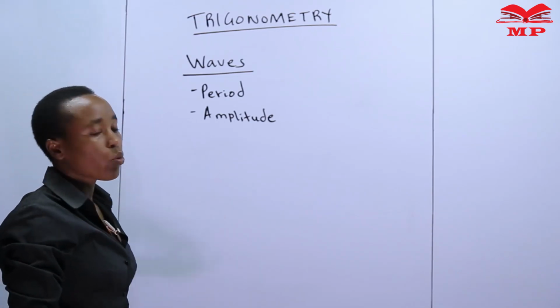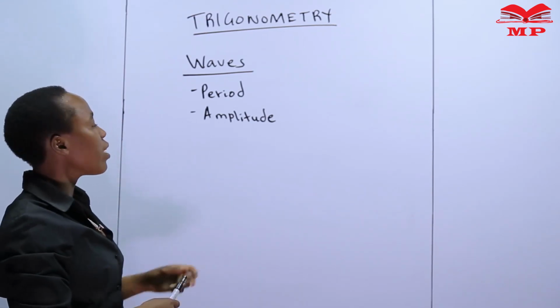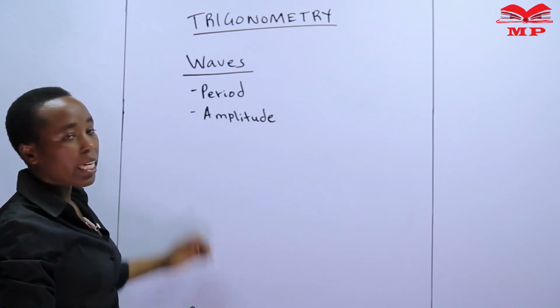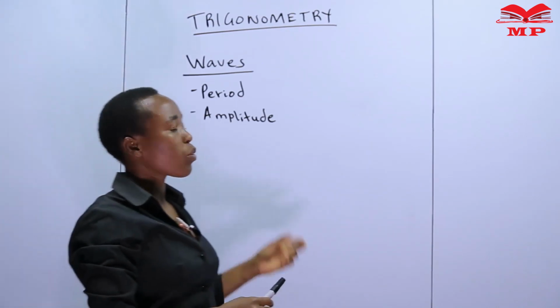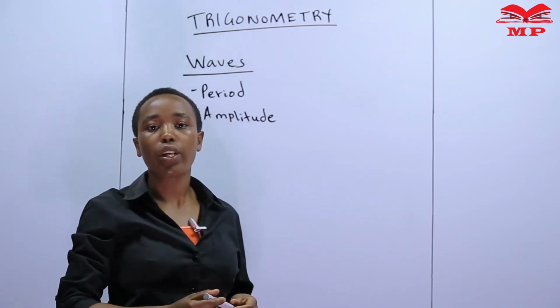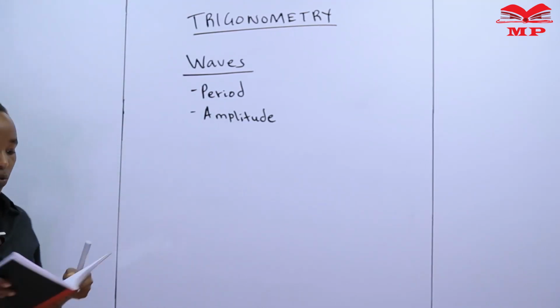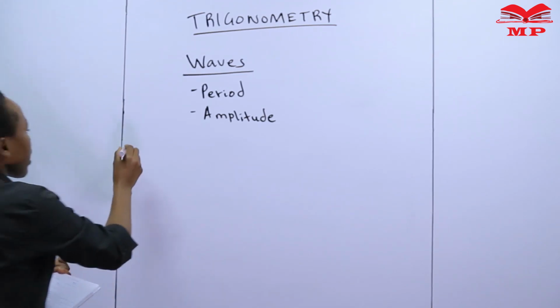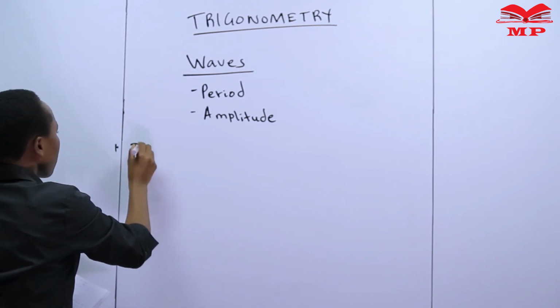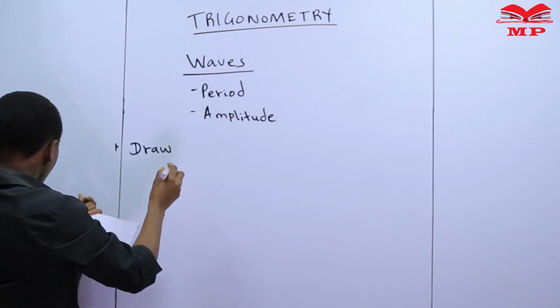But before we get to that, so that we can make a summary after plotting the graphs like the ones that we plotted during the previous lesson, I would like us to draw another graph.